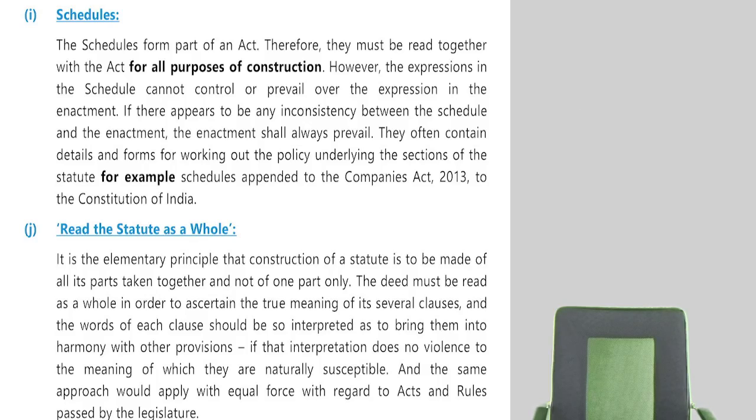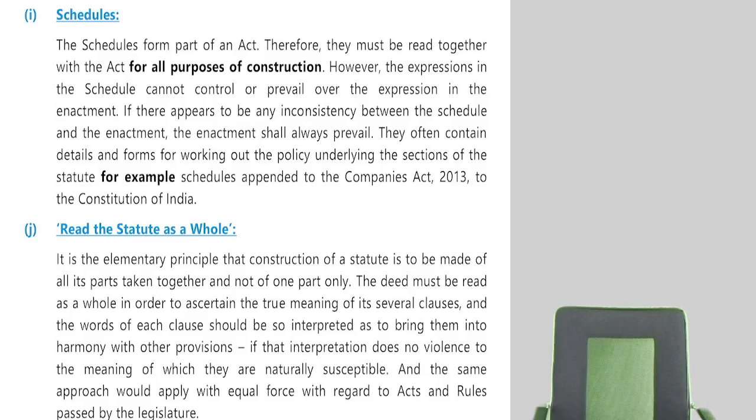Schedules can't override the section. For example, CSR has a motive. How much percent do you have to transfer? 2% of your average net profits of the 3 immediately preceding financial years. The schedule can't write 3%. Schedule cannot override the section. Schedule is something like illustrations only.